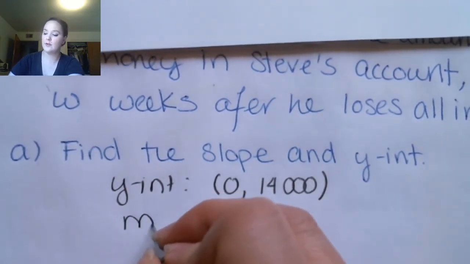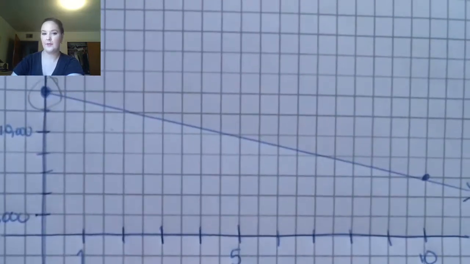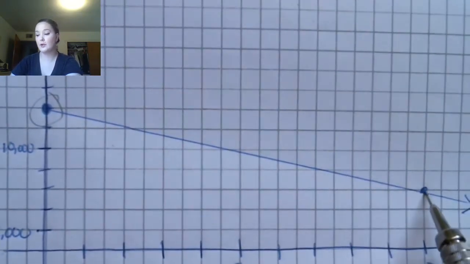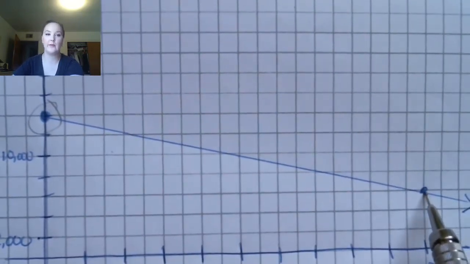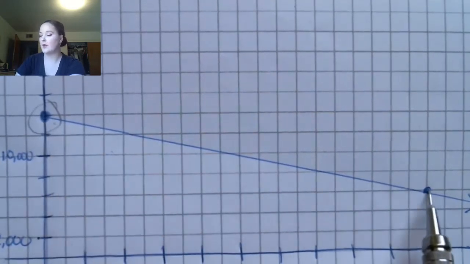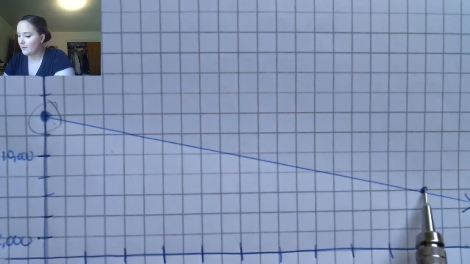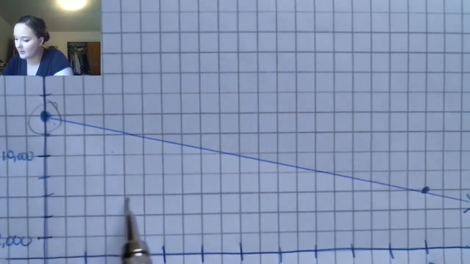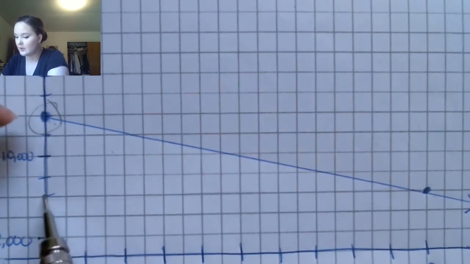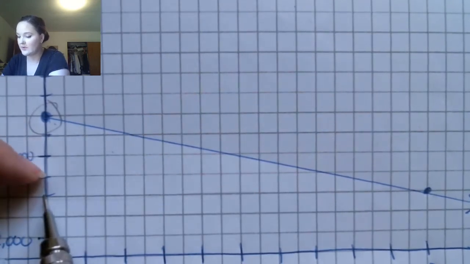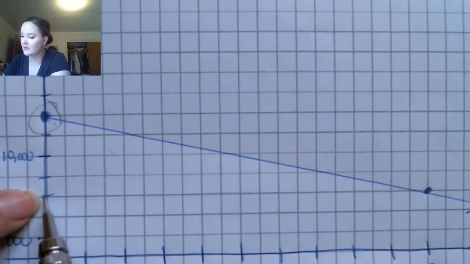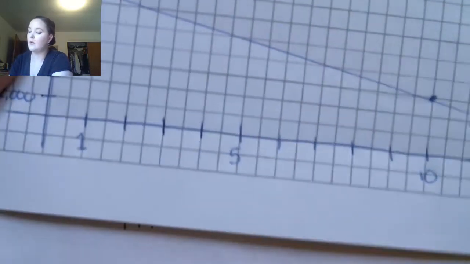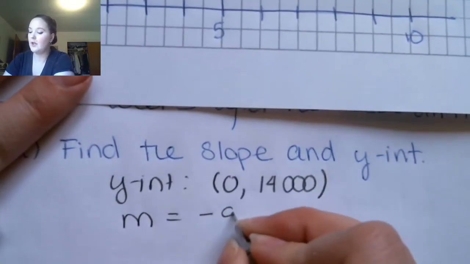Now let's count our slope. I'm just going to choose the marked points. Again, you can pick whatever points you want. So if I'm moving from this point to this one, I'm going down. Let me see where I am here. I'm going down 2, 4, 6, 8,000. So I'm going down 8,000.